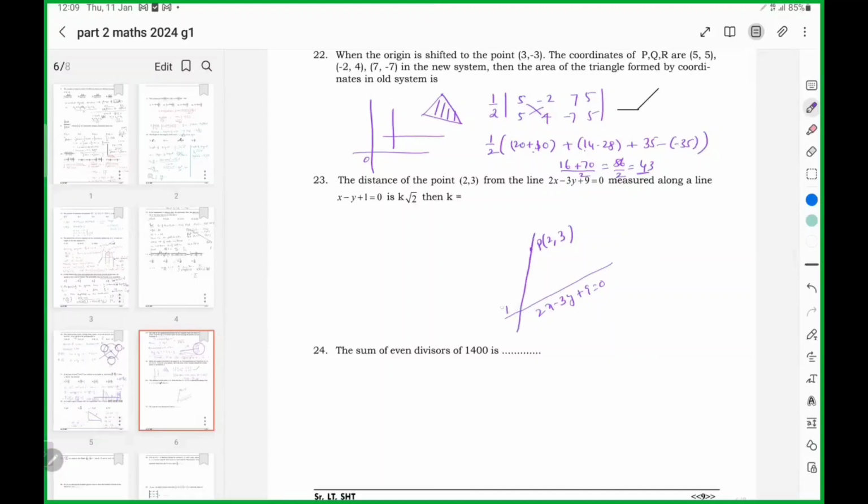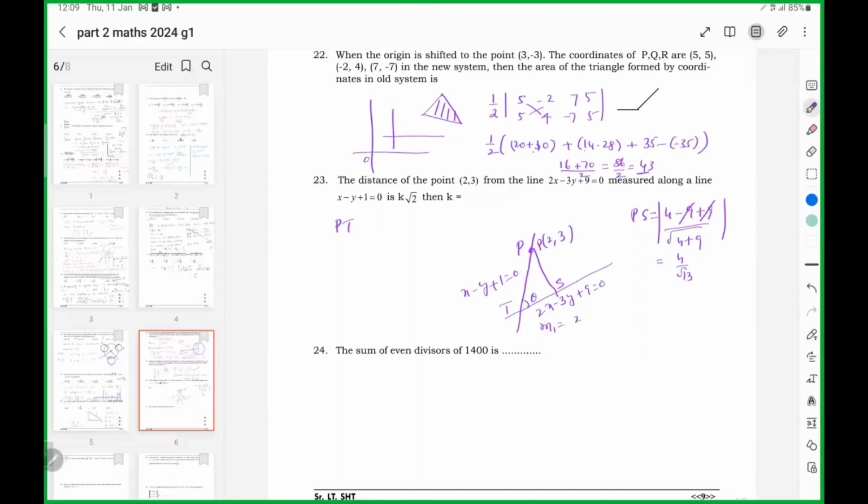He told to measure distance with respect to this line. So that means you have to find PT. You can find the perpendicular distance. PS will be 4 minus 9 plus 9 by root of 4 plus 9, 4 by root 13. But actually what I have to find out is PT.